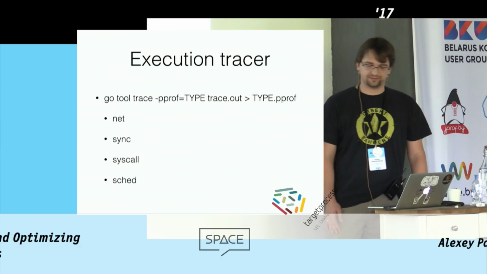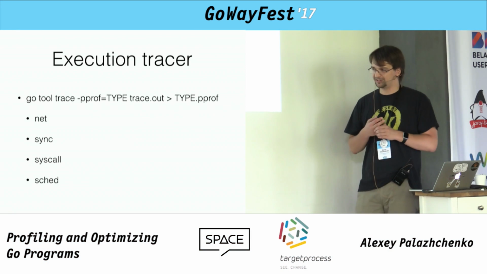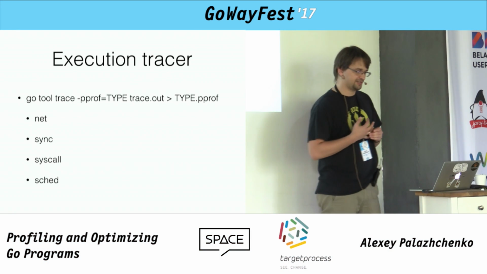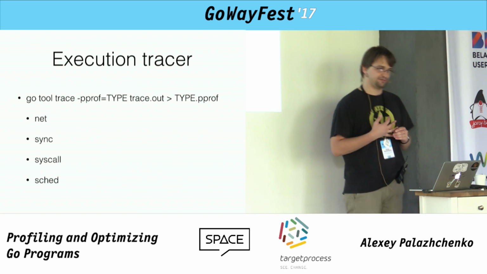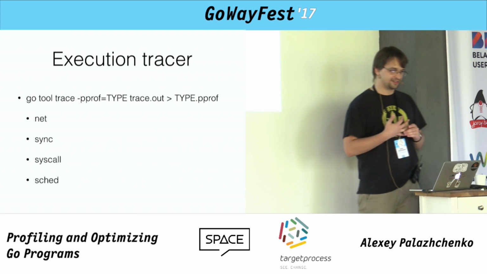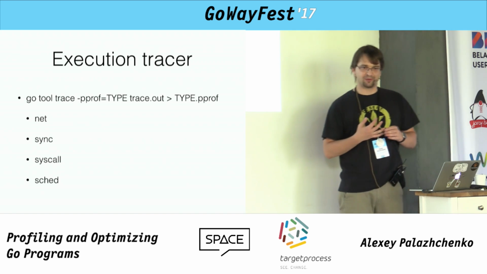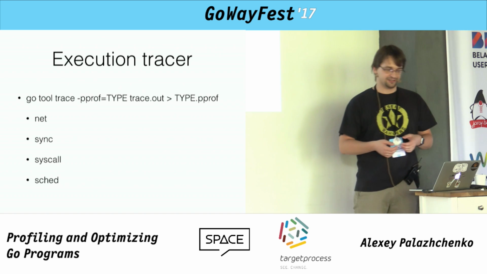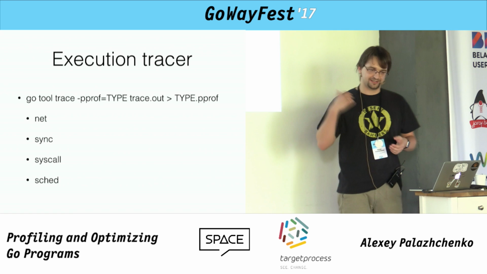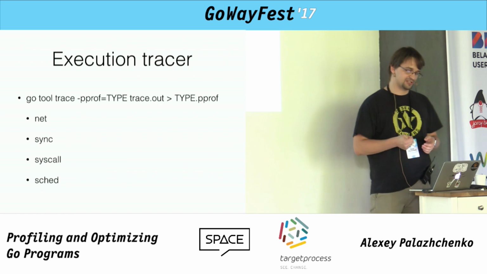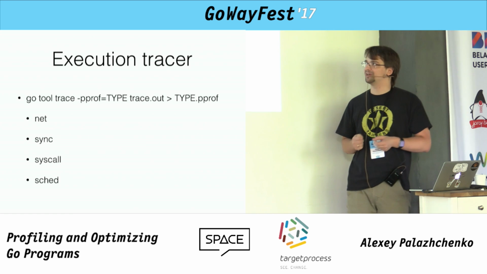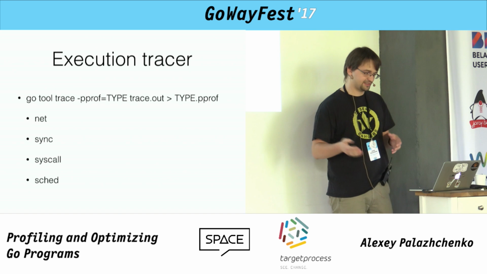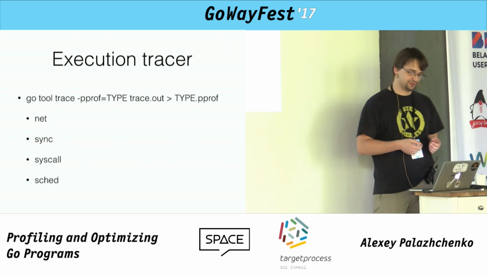Okay, so that execution profile is not very easy to deal with. It's large, and that UI is very confusing when you try to use it the first time or second time, and probably you're not going to use it after that because it's too hard. So I guess since the last Go version there is the go tool trace -pprof command, which converts this trace output to pprof-style output.